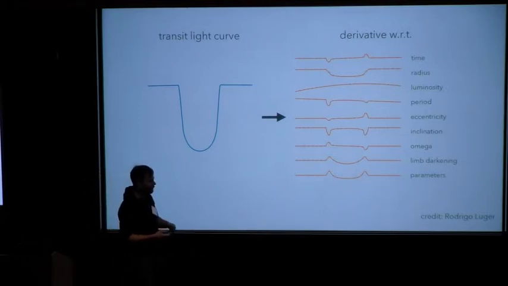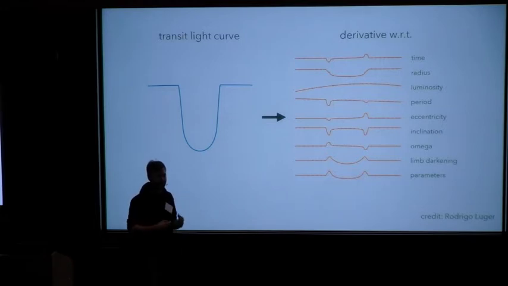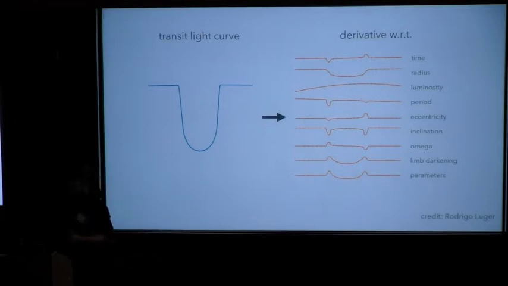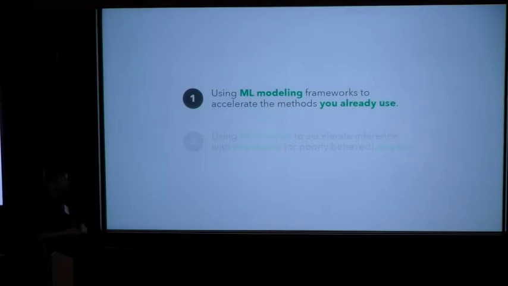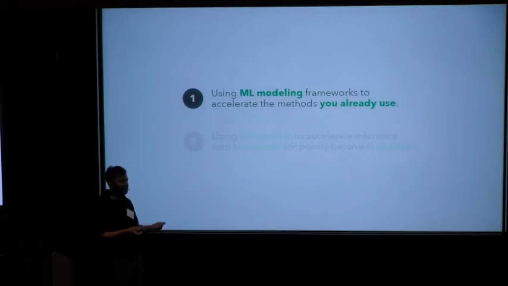And so in the end, you actually will reparameterize many, many times. So actually going through and by hand computing all of the derivatives all the time is really not what you want to spend your life doing, I don't think. And so that brings me to the first bullet point in my talk, which is how we might be able to use tools from machine learning to take advantage of methods like this.